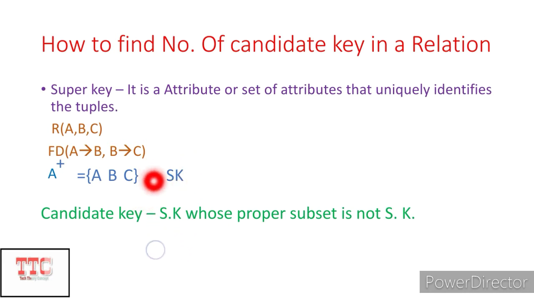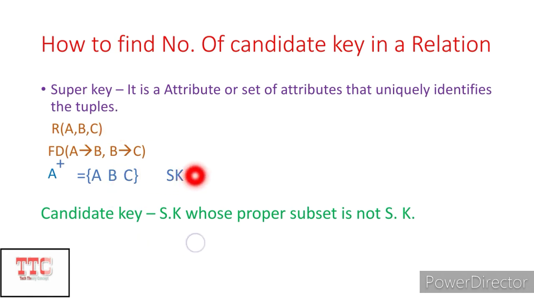So first we need to check all the proper subsets of A. According to the proper subset definition, there is no proper subset of A. So this is a candidate key in our relation. This is the first candidate key. More than one candidate key is possible in a relation.